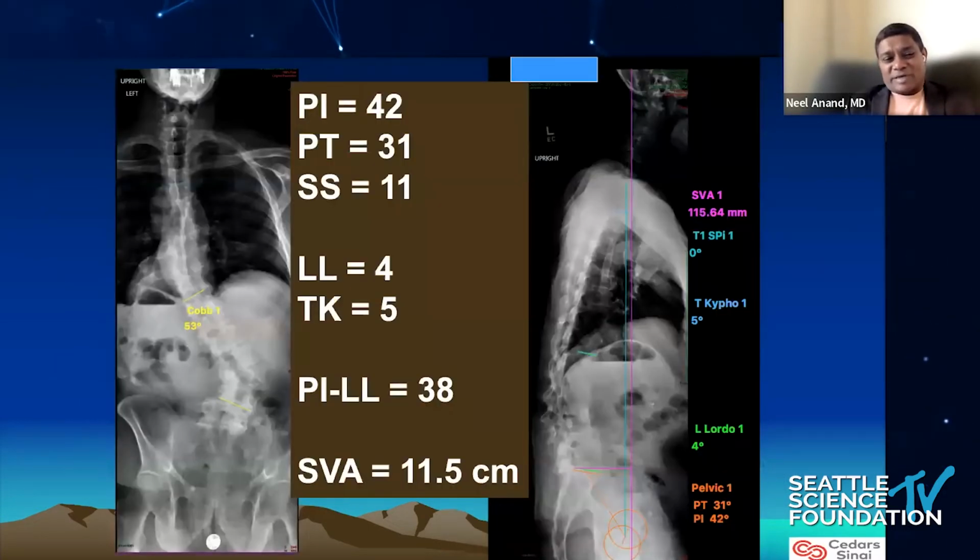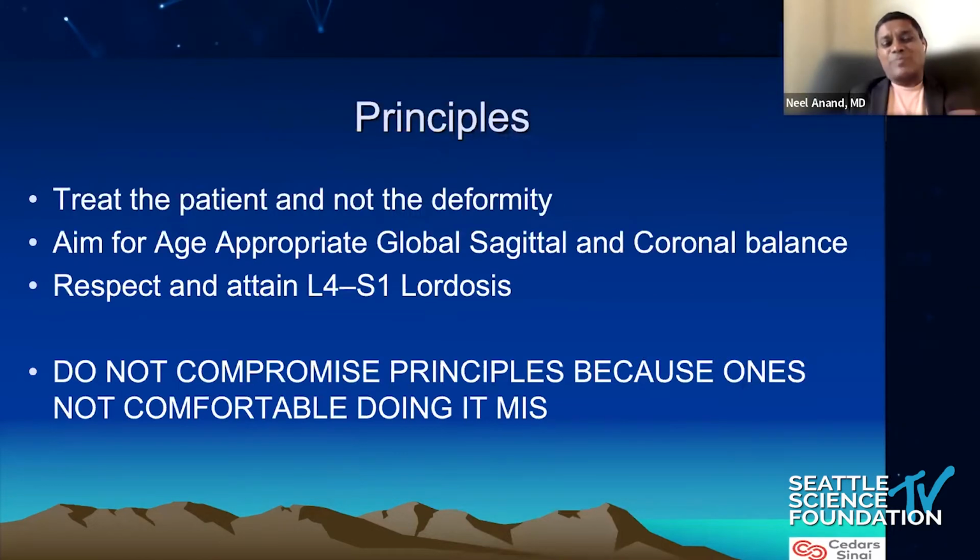All the parameters are calculated. We know where we want to go, and we have an idea of what we are trying to correct. But more importantly, treat the patient, not the deformity. If someone has single level radiculopathy at L4, even in a deformity, I'll probably do a TLIF. They don't need a whole correction. But the other part we talked about is the age-appropriate global sagittal and coronal balance, and we'll talk about how that comes about.